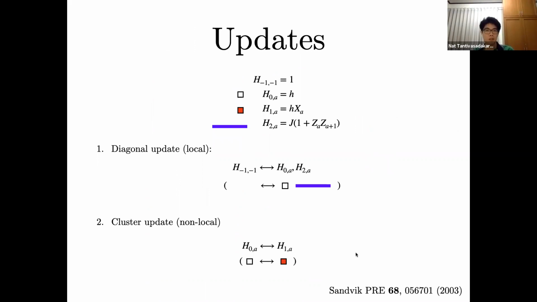To go between valid configurations, which is discussed in this paper by Sandvik, there are two main updates that you can do to your state, which guarantee that this would be ergodic. So you can go to any valid configuration from these updates. One is a local update called the diagonal update. From an identity gate, you attempt to insert either H identity or this two-body term.